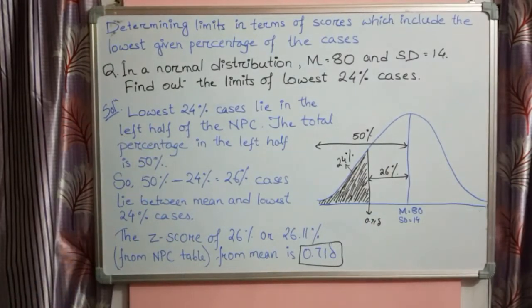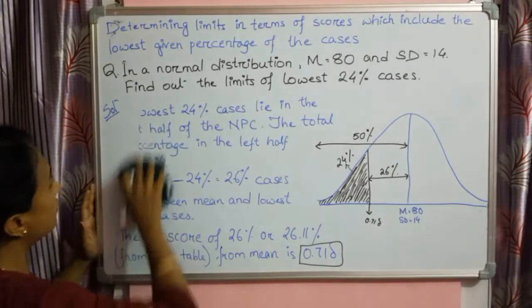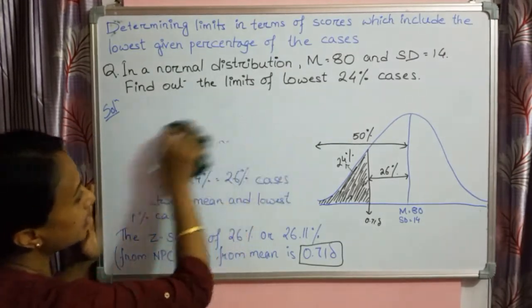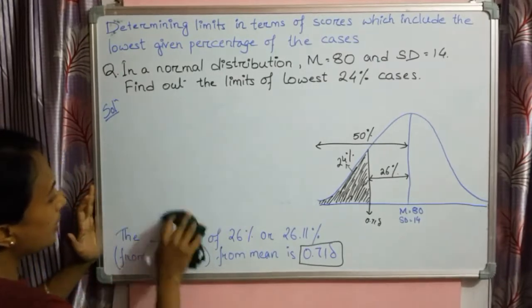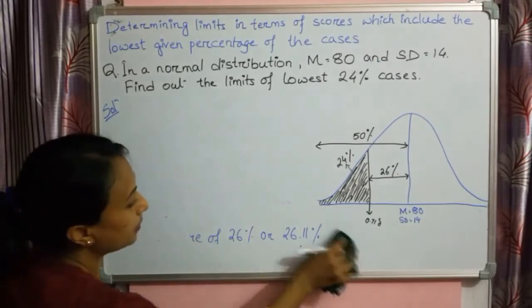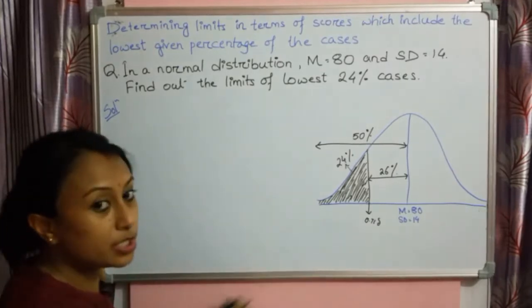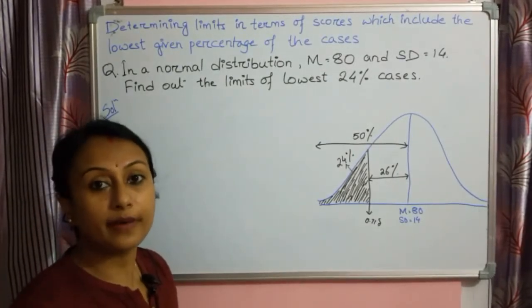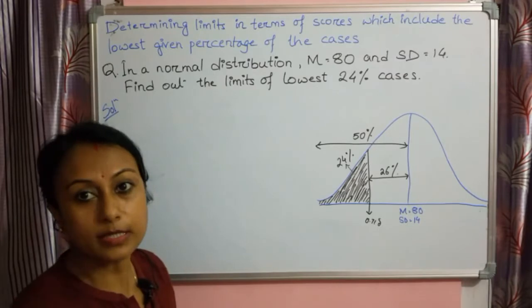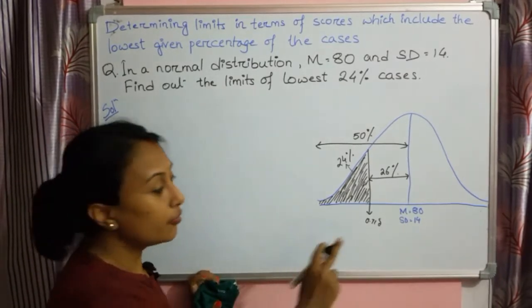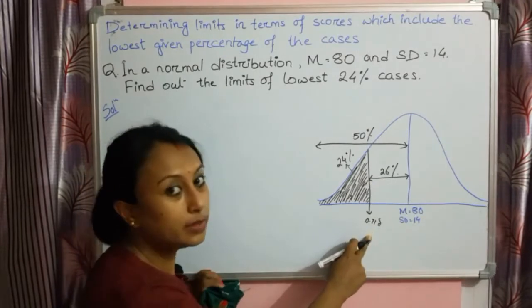Now let us proceed further. After getting the Z score, we do not actually need the Z score. When we are asked to find out the limit of any certain percentage, we have to find out the X score, not the Z score. But for finding out the X score, we need the Z score.